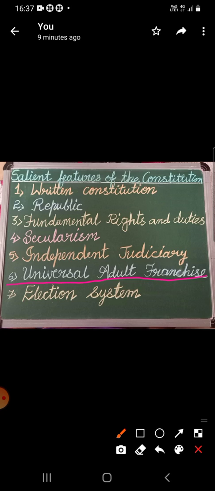You would have faced so many elections. The citizens who are above 18 years of age, all will get the voting right. So, the system of electing representatives through voting of adult members is called universal adult franchise.